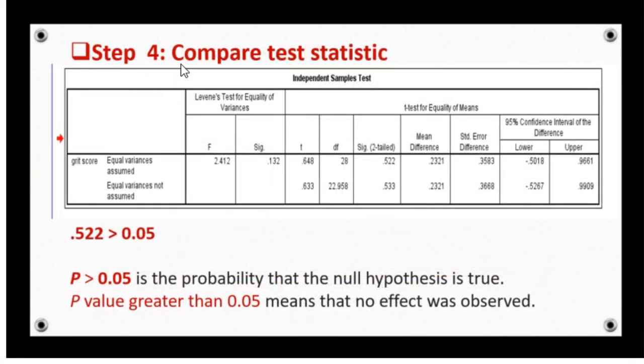Now for step 4, we now compare test statistics. Now 0.522 is from here, from significance two-tailed, is greater than 0.05.